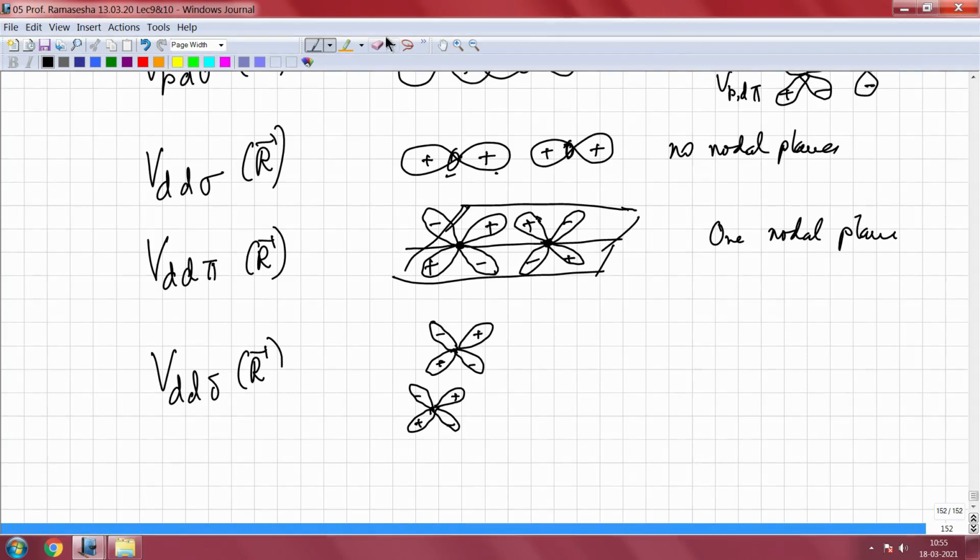The overlap will correspond to this one, this one, this one and this one. So what you have is that the internuclear axis has got two nodal planes.